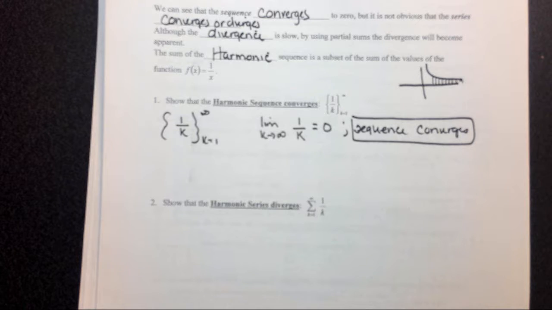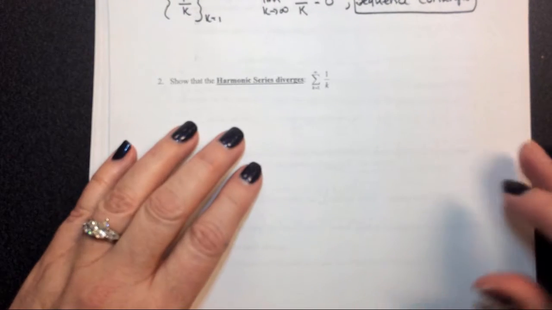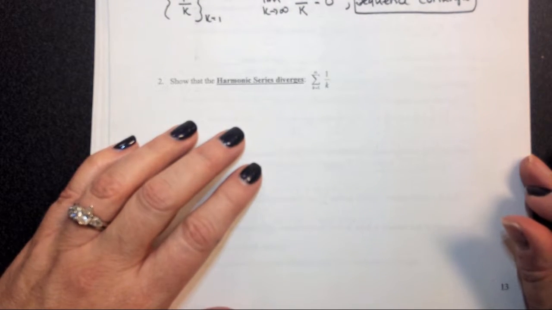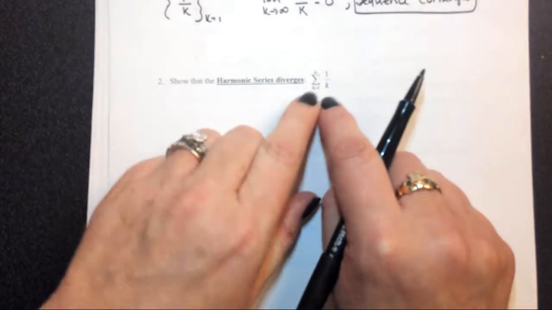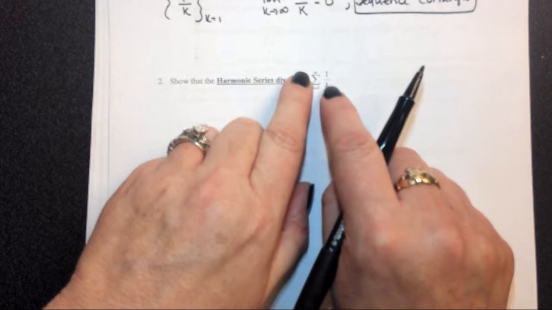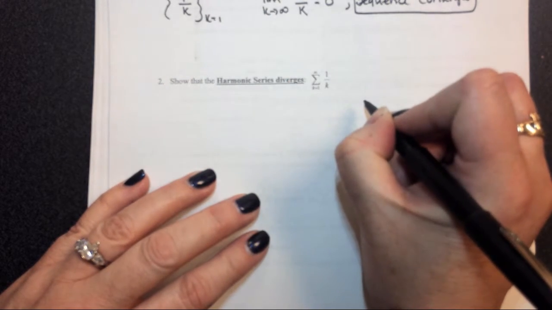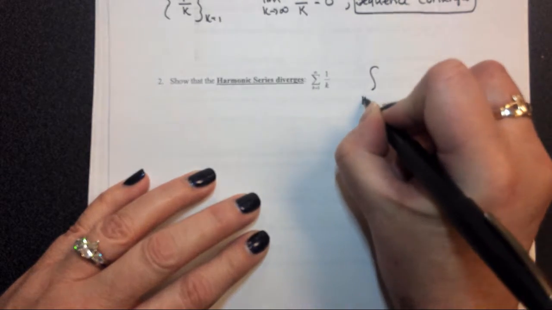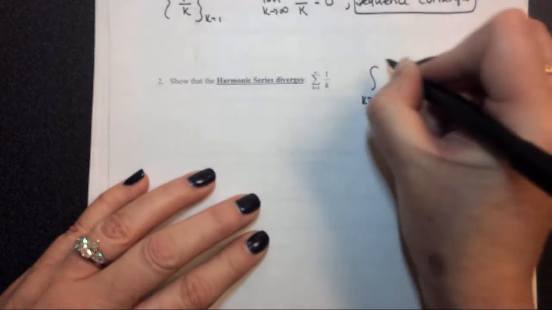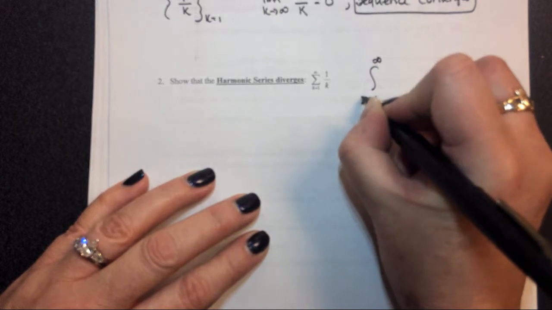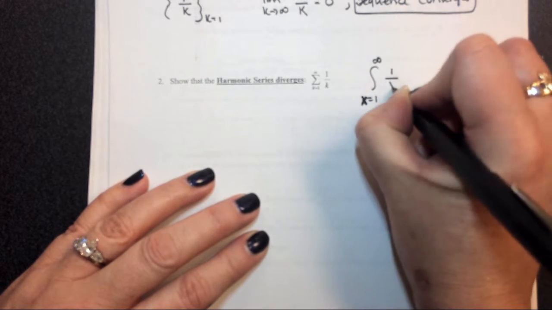So now let's talk about showing why the harmonic series diverges. Remember, when we're adding all the area under the curve, the sum from k equals 1 to infinity of 1 over k, we can rewrite this as an integral from x equals 1 to infinity of 1 over x dx.